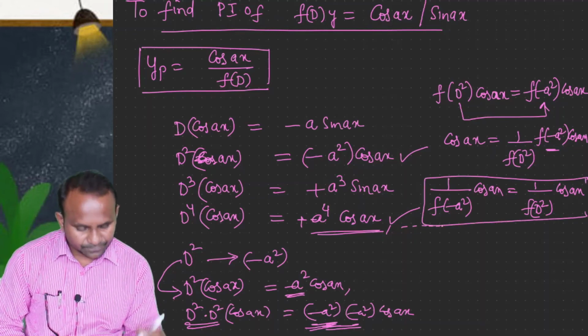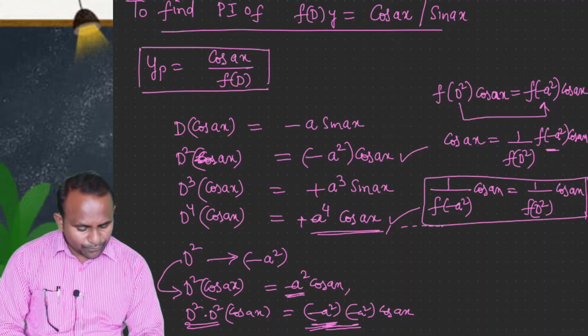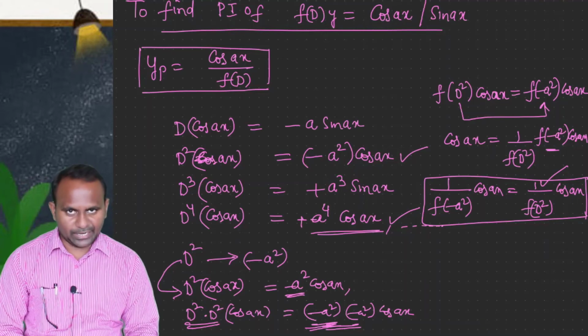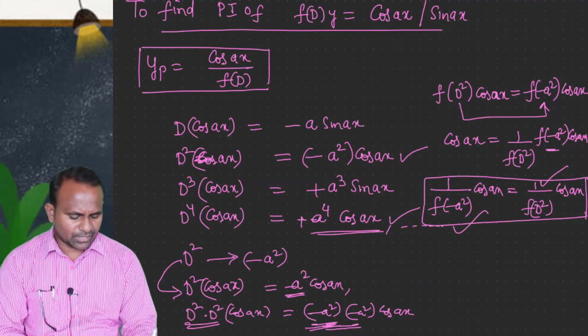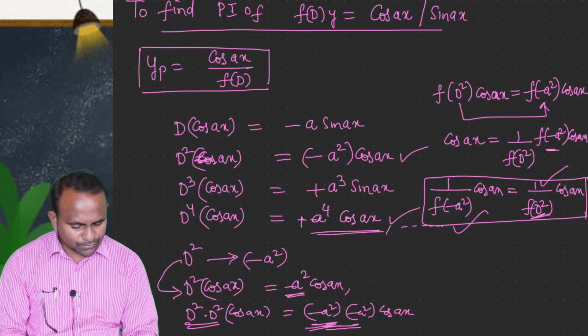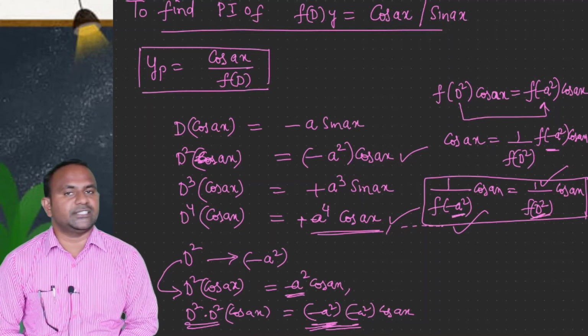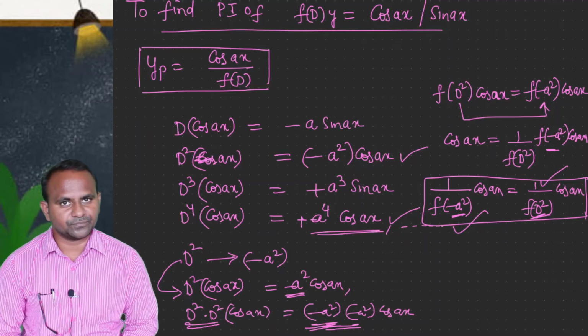Finished. So you are finding this type of particular integral and you can write this as the answer. Just by looking at the equation, in place of D square you are putting minus a square and that gives the answer. That is how we can find the particular integral.